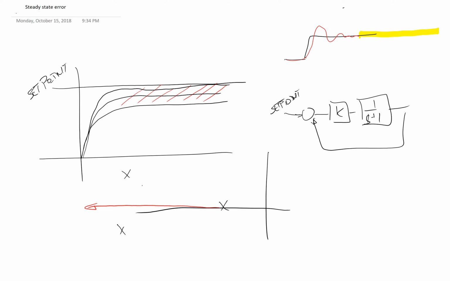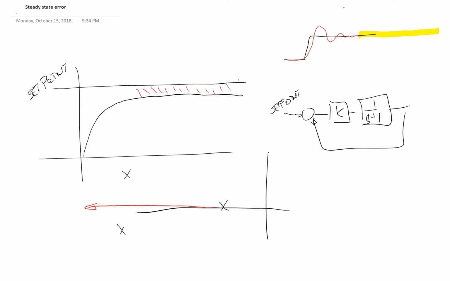So if we step back just a minute and look at this, what we're going to see is that we've got a thing happening in here. We've got this error, okay, a little bit of error.